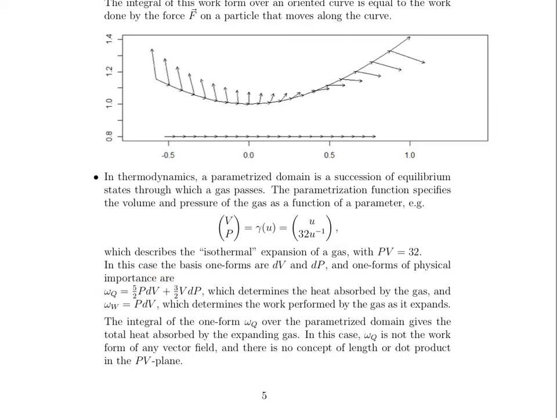Even though the plane itself doesn't represent a physical description of the space as far as Euclidean distance or things like that. There's no length, there's no dot product, there's no angle significance in the PV plane, and yet these one forms integrating over various parameterized curves can really tell you a lot about the physical characteristics of a particular situation.